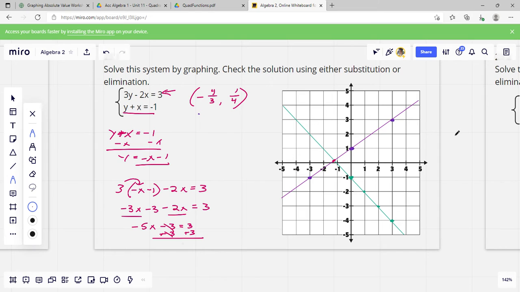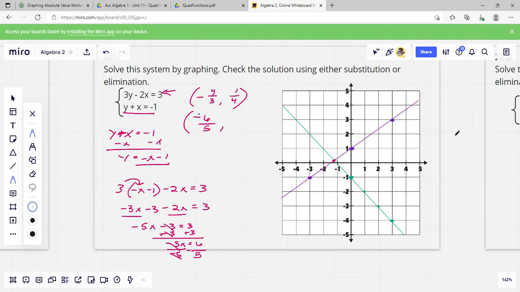And I get -5x equals 6, and then we divide by -5. And I get -6/5 for my x value. 4/3, 6/5, yep, that's 1 1/5 instead of 1 1/3. So that'd be a fifth right there.